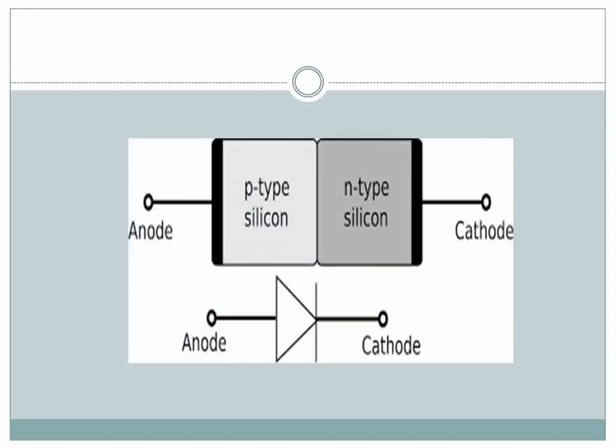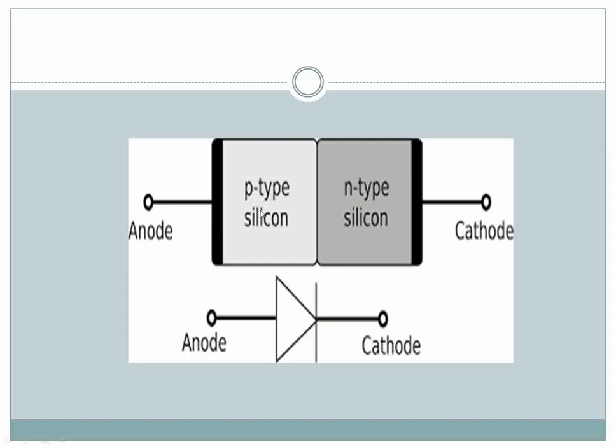Okay. So this is the symbolic and circuit representation of the diode. This is the anode, this is the cathode. Here it is a p-type silicon and n-type silicon joined together. But practically we form a single crystalline semiconducting material, pure semiconductor material, with proper dopant material on either side.